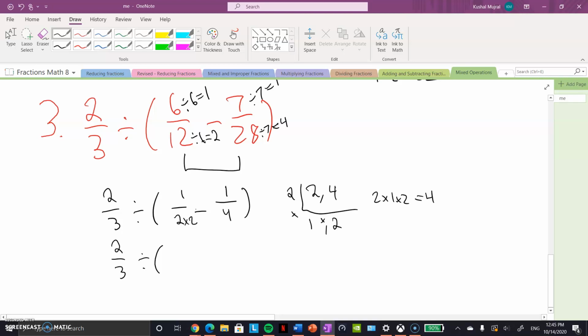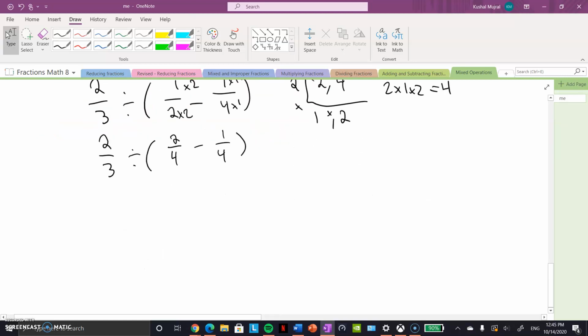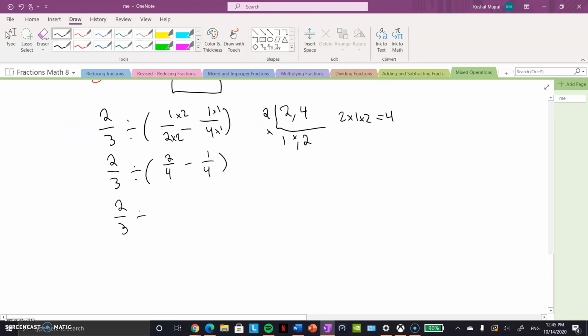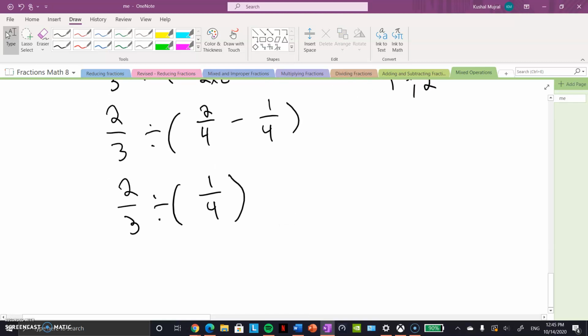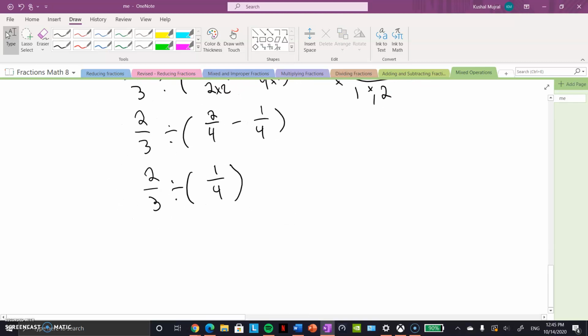So then you multiply this by 2 and this by 2, multiply this by 1 by 1. So this becomes 2 over 4 because we want to have 4 as the denominator, minus 1 over 4. Then this becomes 2 over 3 divided by 2 minus 1 is 1 over 4 because we're only subtracting the numerator, right?